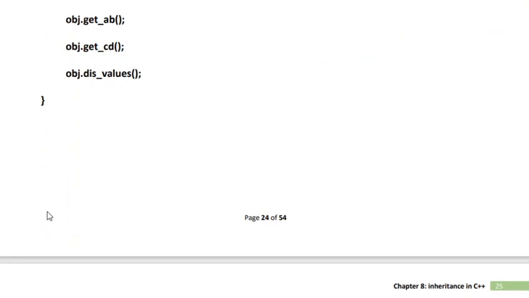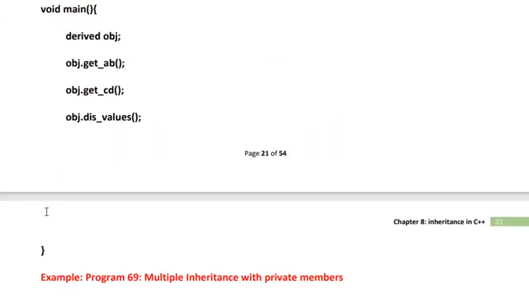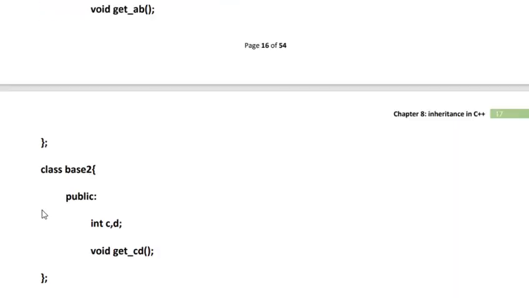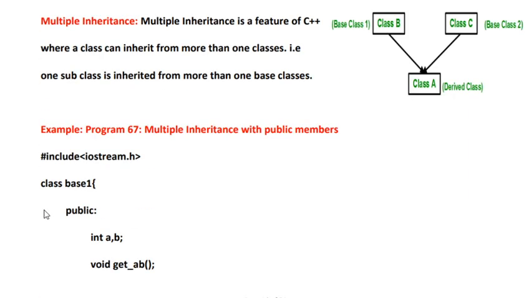So in today's class, what we have learned about is what is multiple inheritance. We have learned that we can derive a class from more than one base class, and we have taken up examples where we have placed the data members and the member functions in different sections of the class. So in the first example, we have placed the data members and the member function in the public section of the class, and we have tried to display the values of the data members using the object of the derived class.